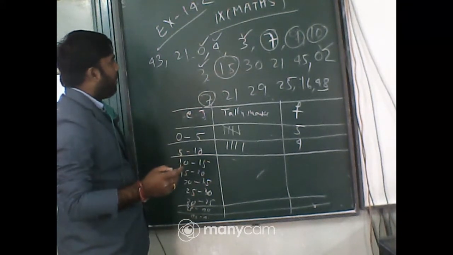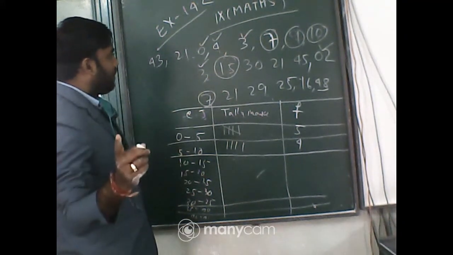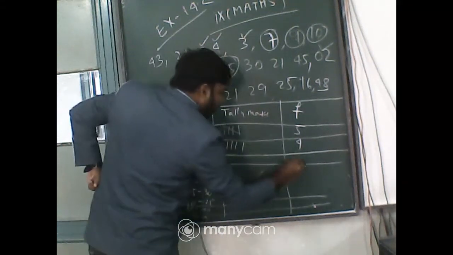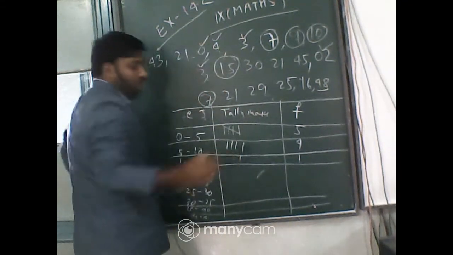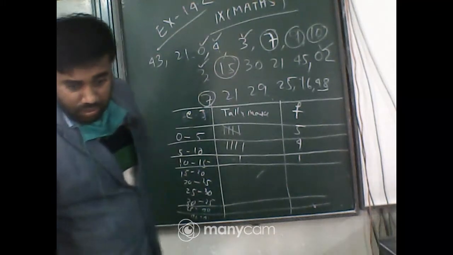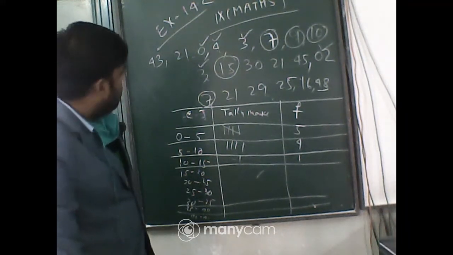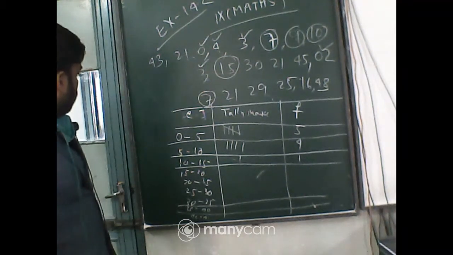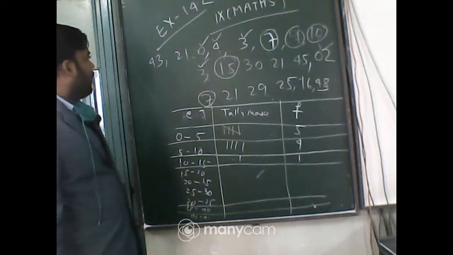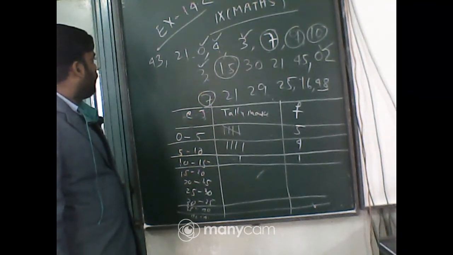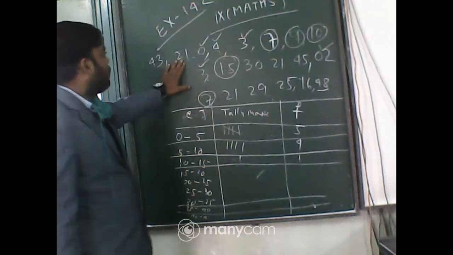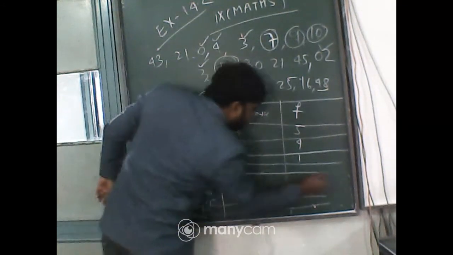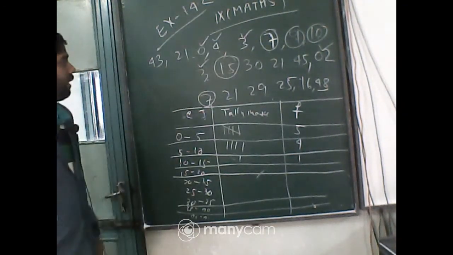one number, 15, so only one number is there, only 15, so 1 tally mark. Okay. Then 16. So 16 is there, that is the second last number. 15 to 20, how many students are there?